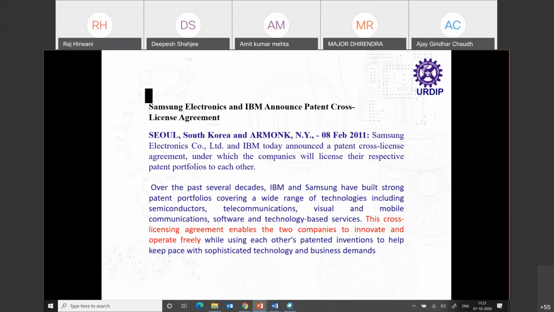But Samsung was not there 15 years ago. Samsung has arrived. And IBM is taking note of that and respecting the strength of Samsung. If Samsung was a small company, IBM will not bother, will crush it.